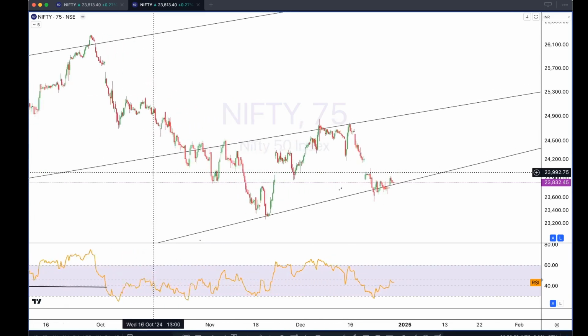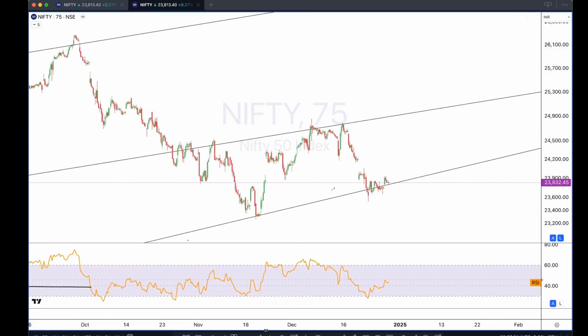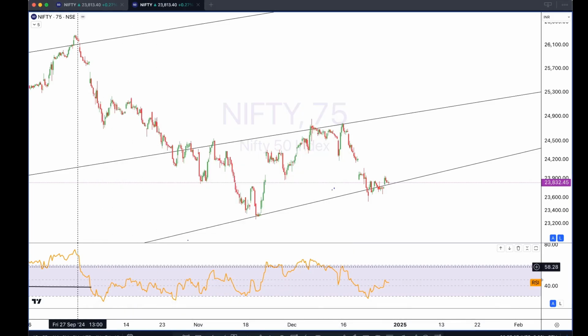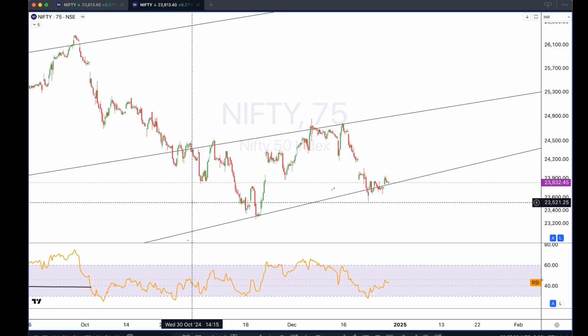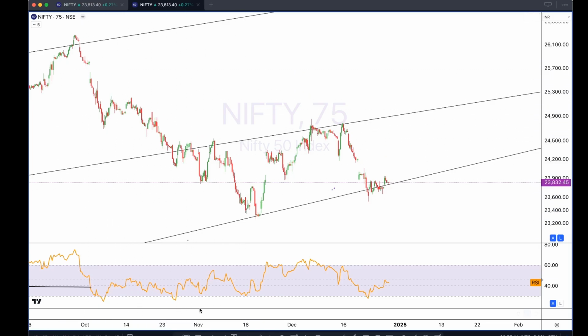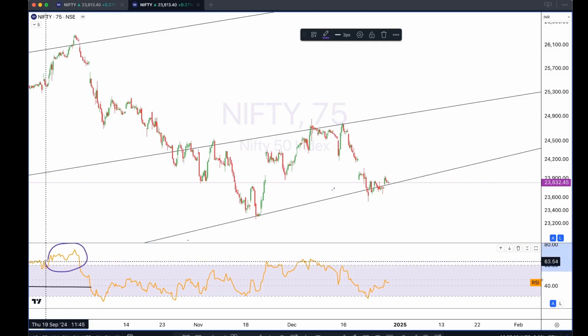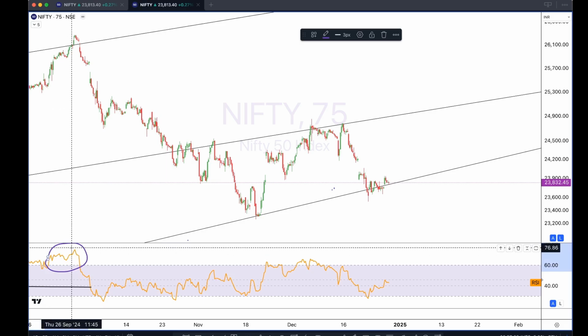Staying on the 75-minute time frame, about this very leg of correction, there was no indication on the 75-minute time frame that the momentum is going to shift. Why do I say that? Because if you look at the RSI here, the RSI is clearly above the level of 70.